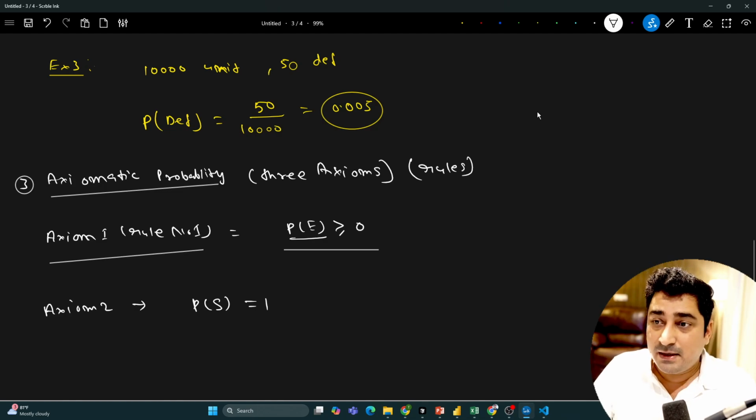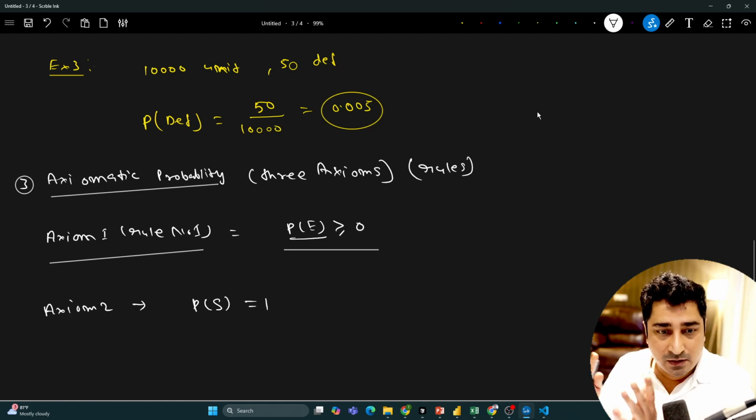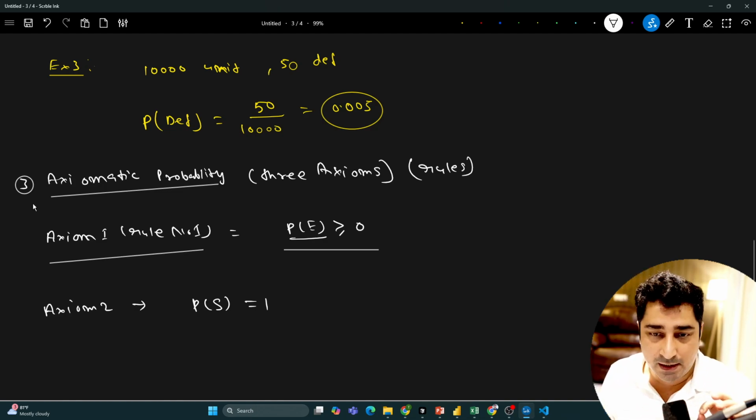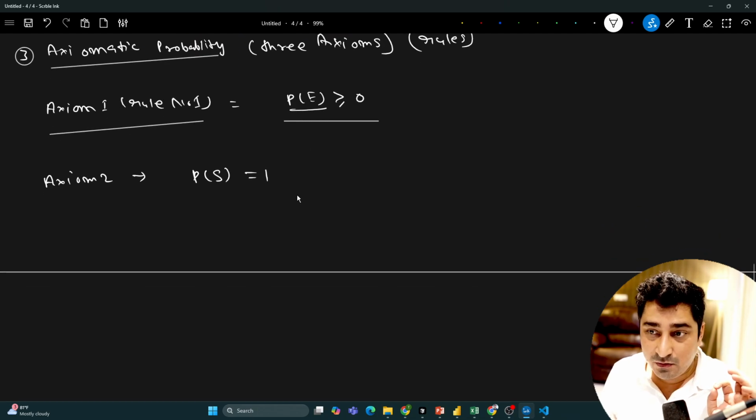In that case, 1 by 6, 1 by 6, 1 by 6, 1 by 6, 1 by 6, 1 by 6, six times we add them, and technically it is going to be 1 for the entire sample space. So this was rule number 2, and he said that the total probability of any sample space is going to be 1. Again, a very simple rule.